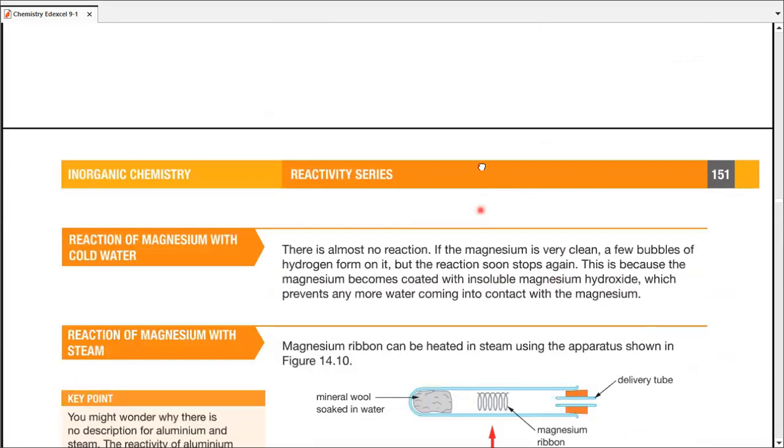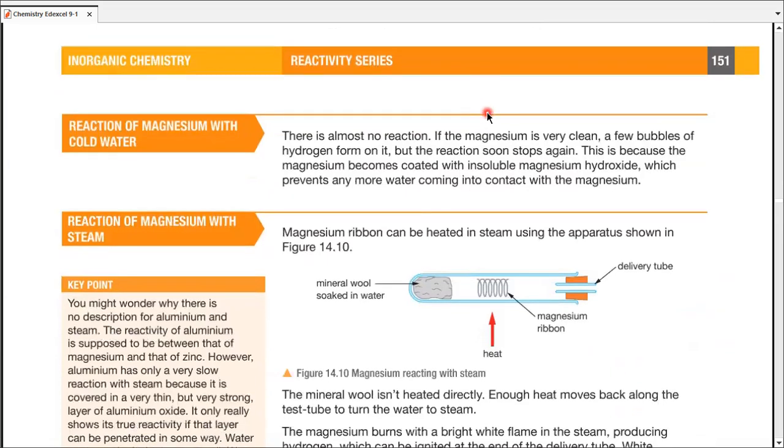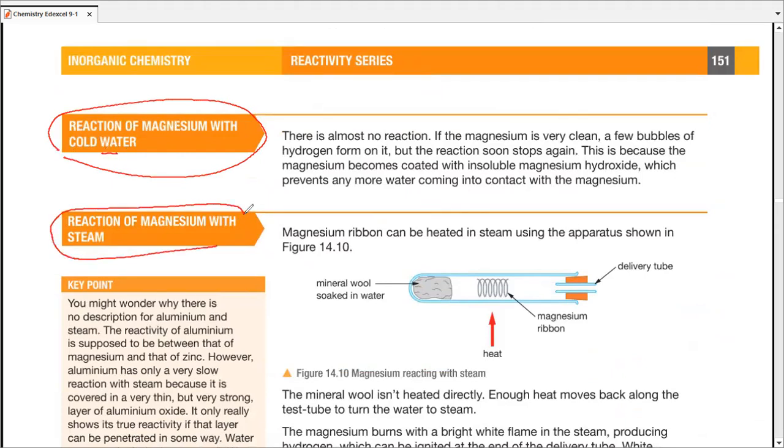Moving on, magnesium with cold water. Now, this one is important. You'd notice that we have two different headings: reaction of magnesium with cold water, and reaction of magnesium with steam. If you start off with cold water, the first line is pretty much self-explanatory. It tells you there is no reaction.